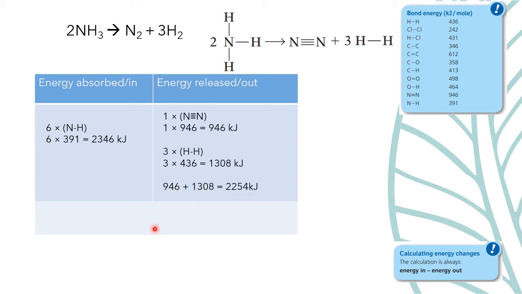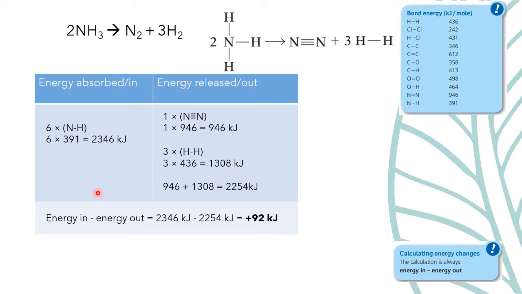So to calculate energy changes, energy in minus energy out. So energy in 2346 minus 2254, it is equal to 92 kilojoule. Based on the energy absorbed and energy released that you calculated here, we can see that the energy absorbed is greater than the energy released.